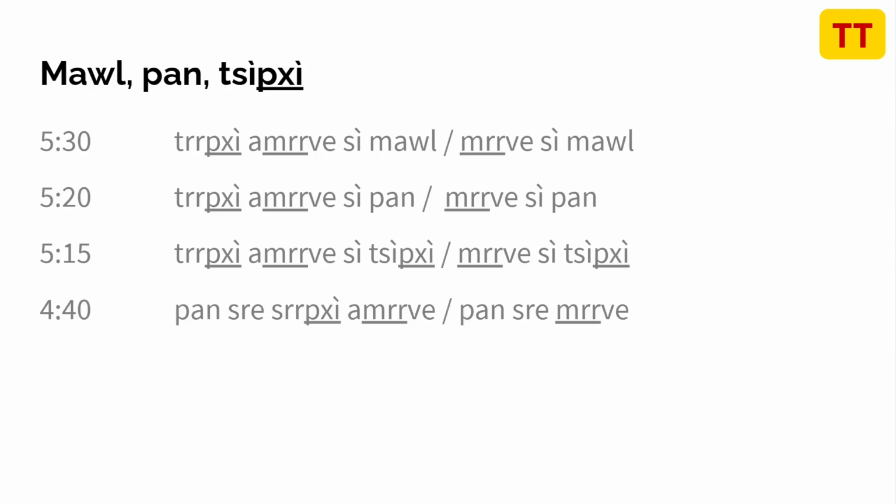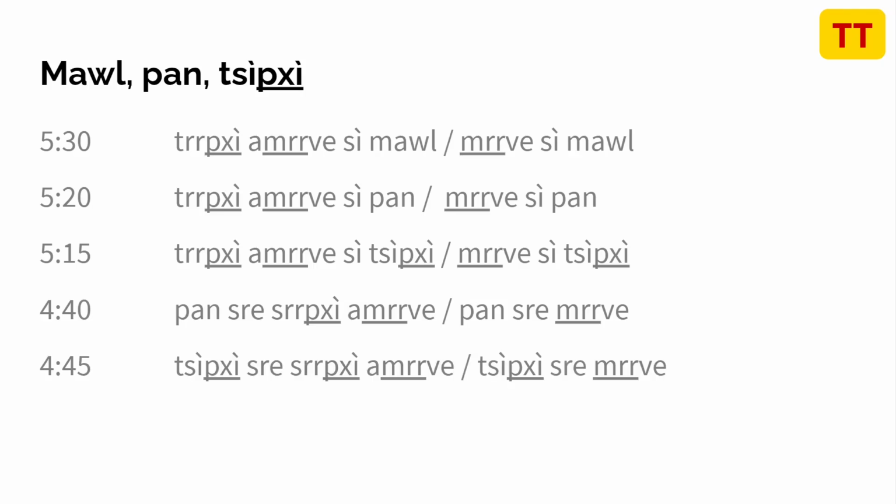So 4:40 is basically just a third before 5. So pan sre srp-e a mrve, or pan sre mrve. And the same for a quarter before 5. Zip-e sre srp-e a mrve, or zip-e sre mrve. A quarter before 5.